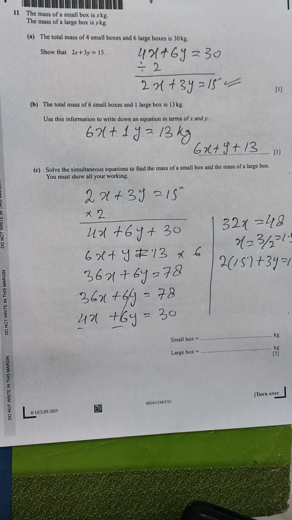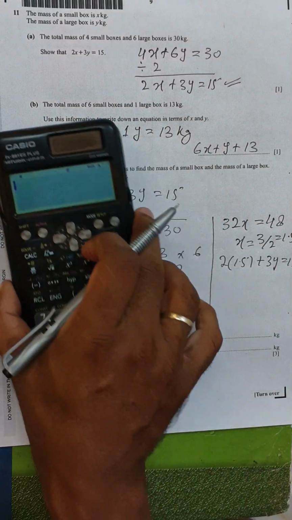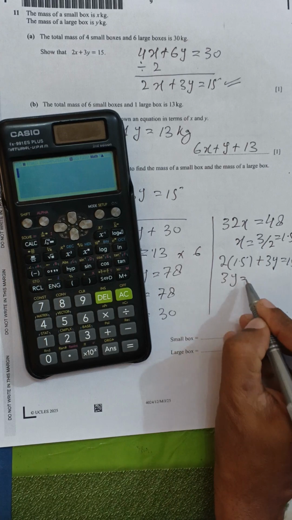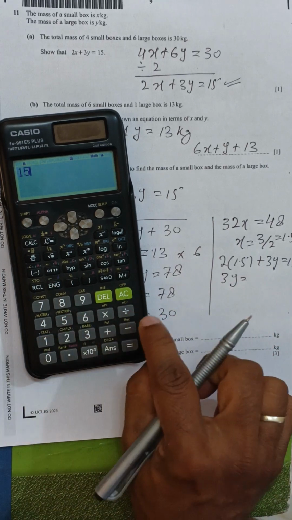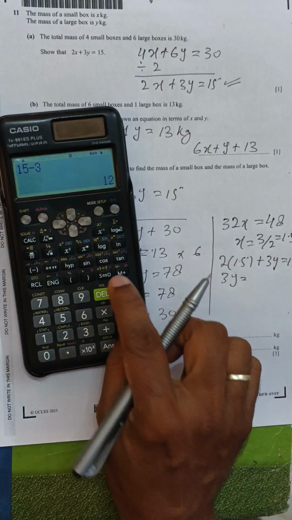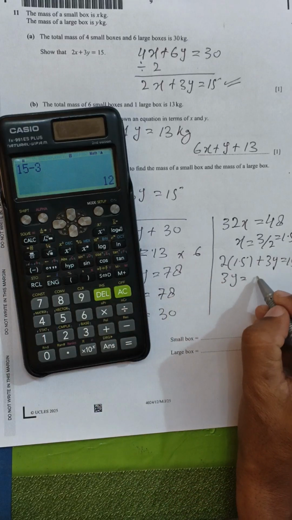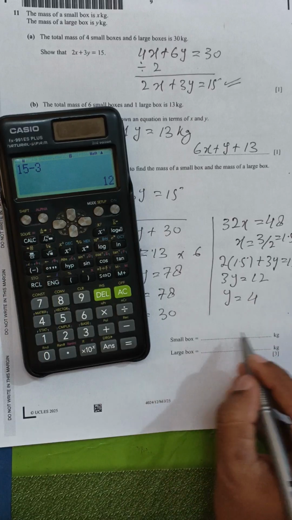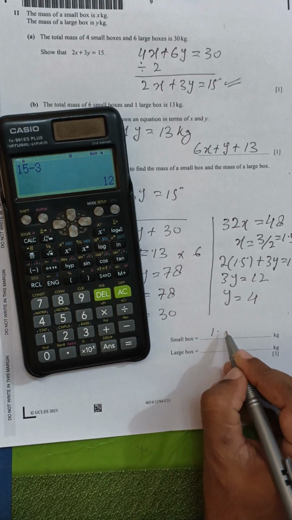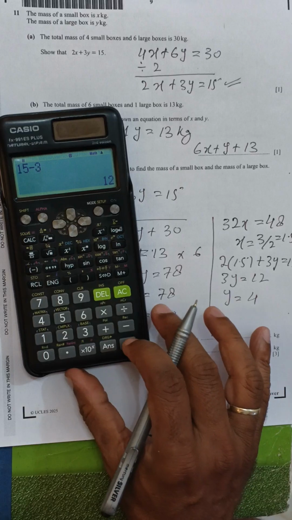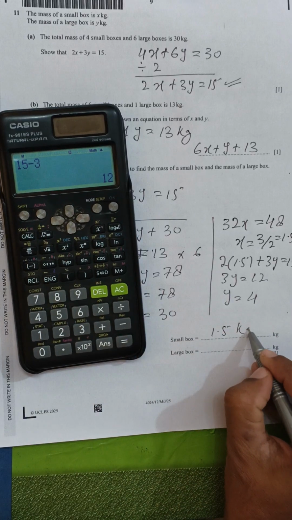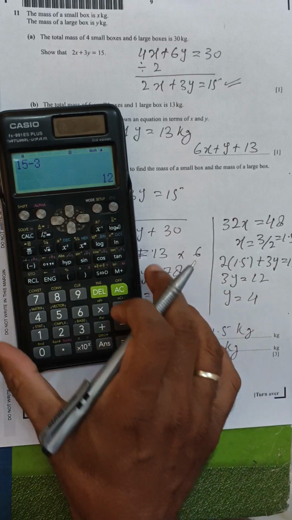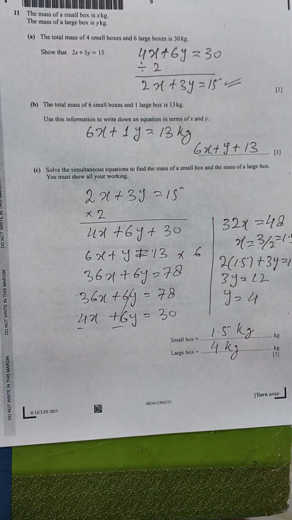So solve it. 3y equal to 15 minus 3, that is 12, so y equal to 4. So now it is 1.5 kg, and this one is 4 kg. Right? Clear?